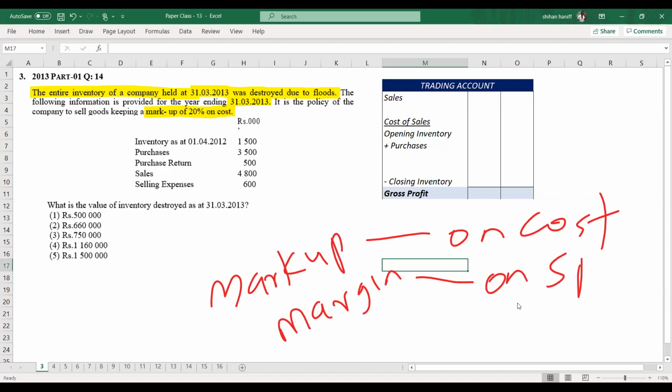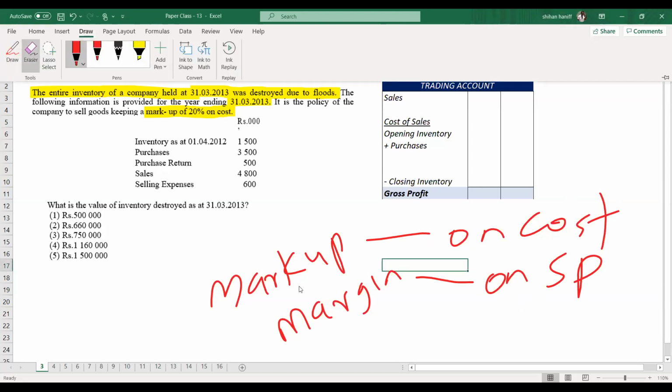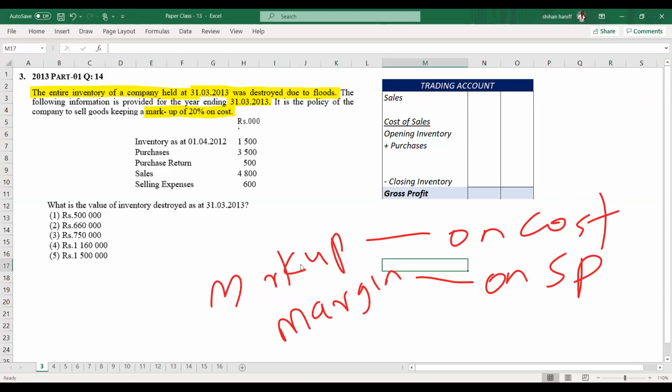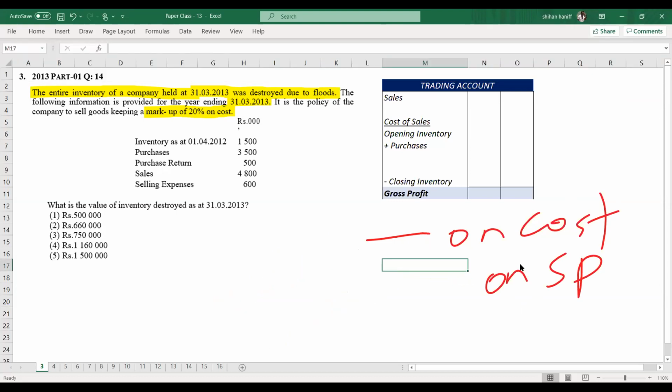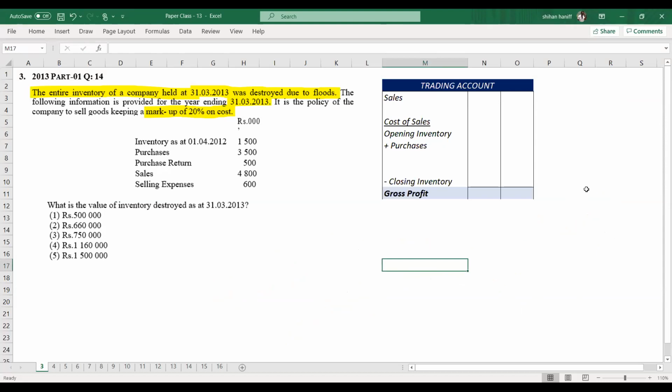Margin means on selling price. So selling price is 100, and based on the selling price, we calculate the profit. Here they have said markup on cost is 20%. What is the value of inventory destroyed as at 31st March 2013?